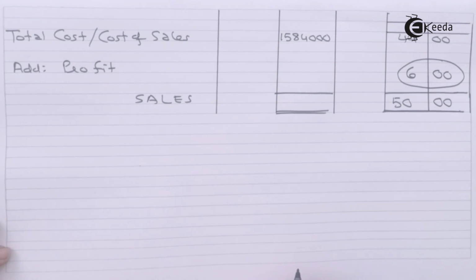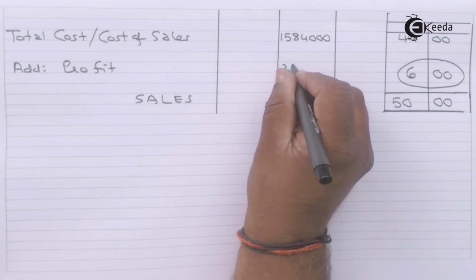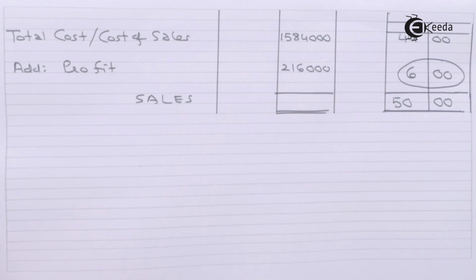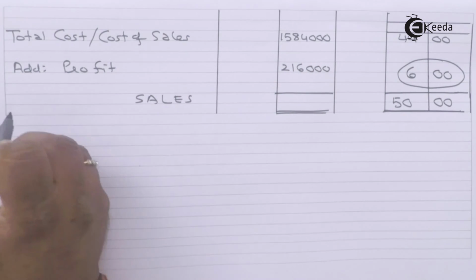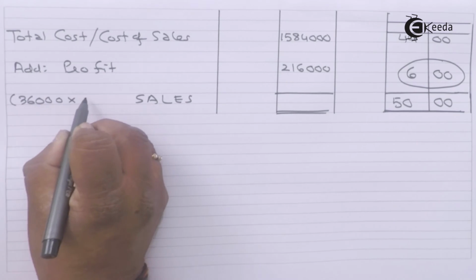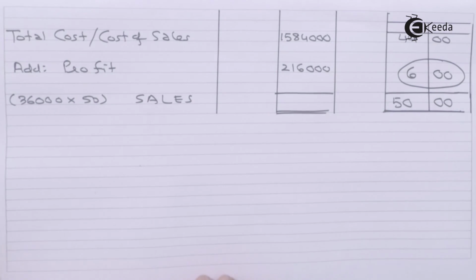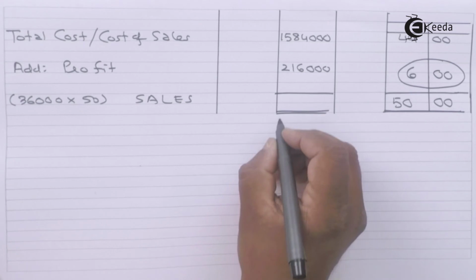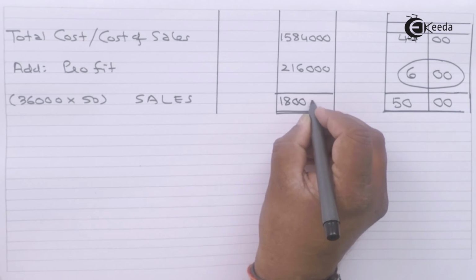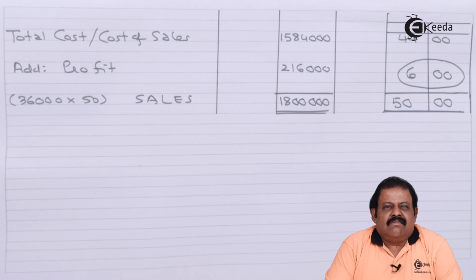We can find out the total values. Total profit 2,16,000. Total sales 18 lakhs. Thus, when machine hours are given, how to do cost sheet, that we have learned.